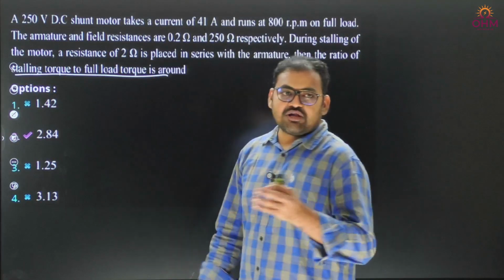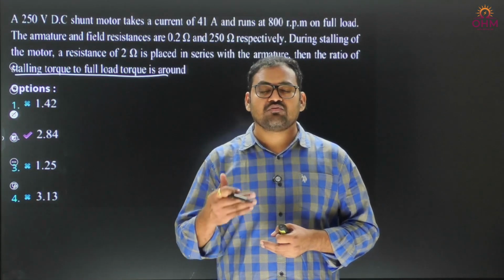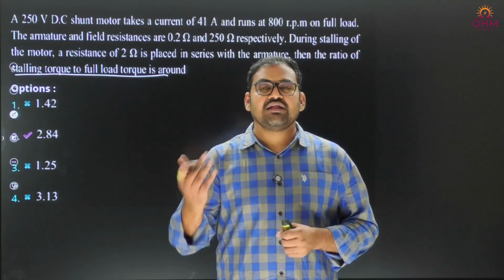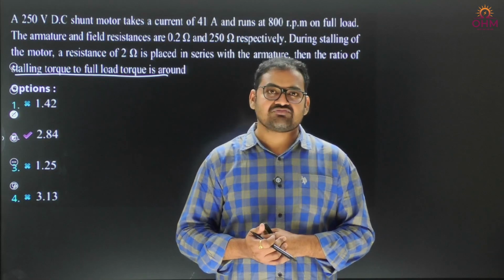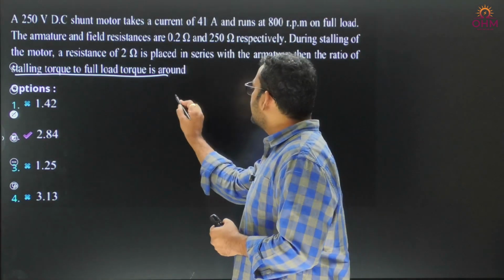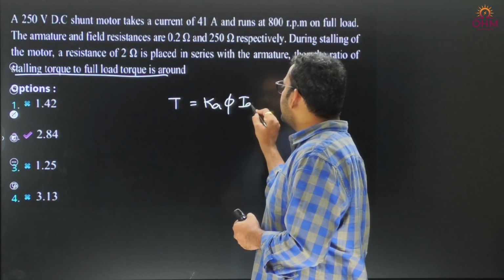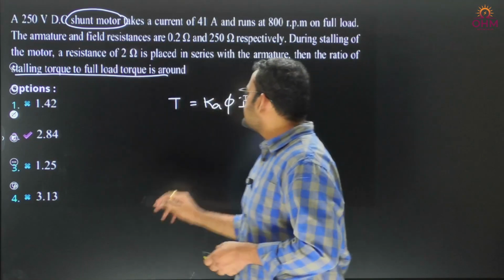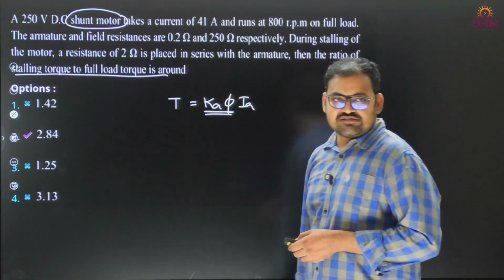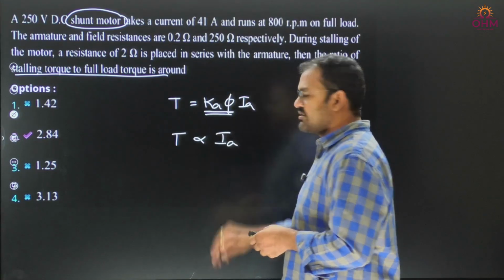So first I will consider the motoring mode and calculate the armature current. Then I'll consider the stalling mode and calculate the armature current in that mode as well, because we all know that the torque equation in a DC motor is Ka phi into Ia. And as it is a shunt motor, flux is always a constant value. If flux is constant, torque is directly proportional to armature current.